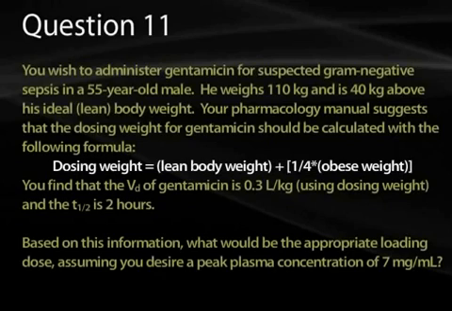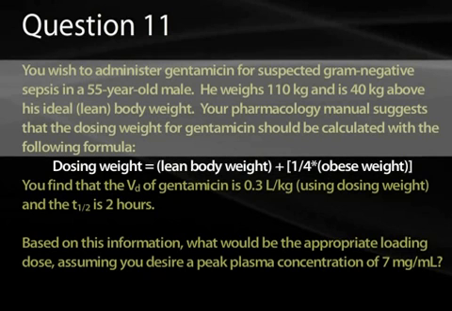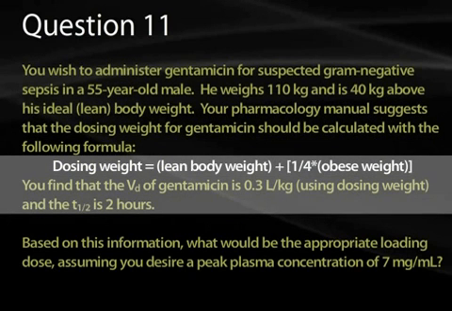Question number 11. You wish to administer gentamicin for suspected gram-negative sepsis in a 55-year-old male. He weighs 110 kilograms and is 40 kilograms above his lean body weight. Your pharmacy manual suggests that the dosing weight for gentamicin should be calculated with the following formula. Dosing weight equals lean body weight plus 1/4 times the obese weight.